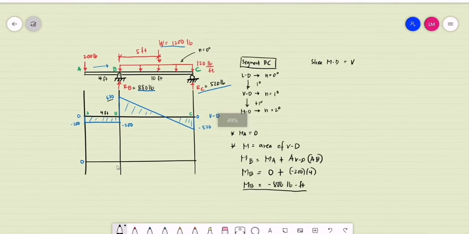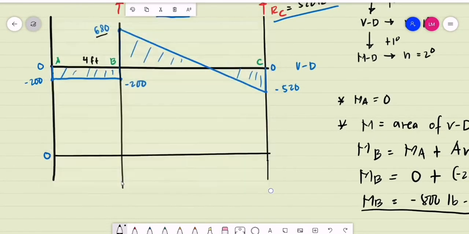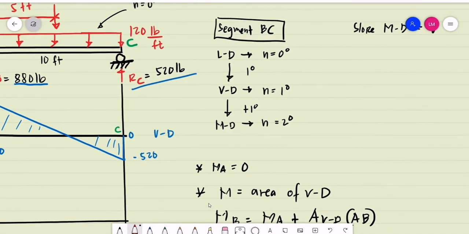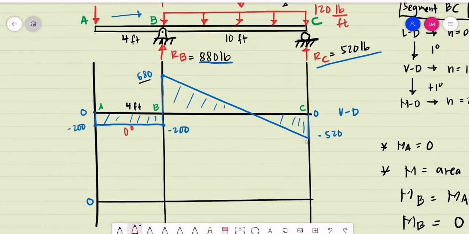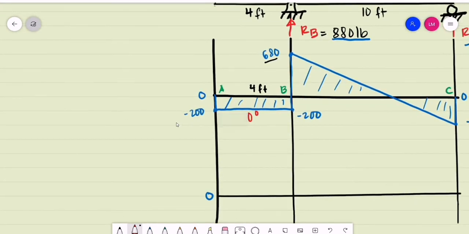Okay, so how do we draw that graph? As you can see on our shear diagram, the degree of the shear diagram is 0 degree. So again, if we are to recall, for segment AB, the shear diagram has a degree of 0.